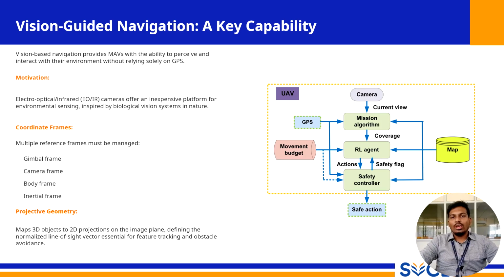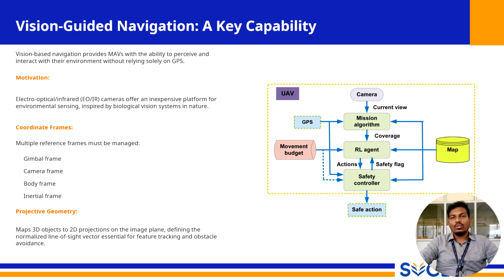This is a key capability that provides the MAV with the ability to perceive and interact with the environment without relying solely on GPS. By using a camera as a primary sensor, a drone can navigate much like a human or an animal does.